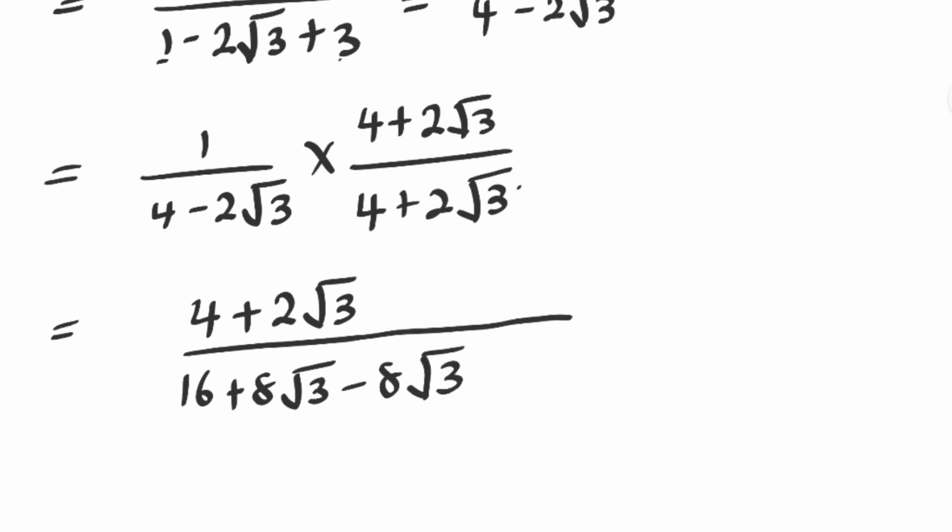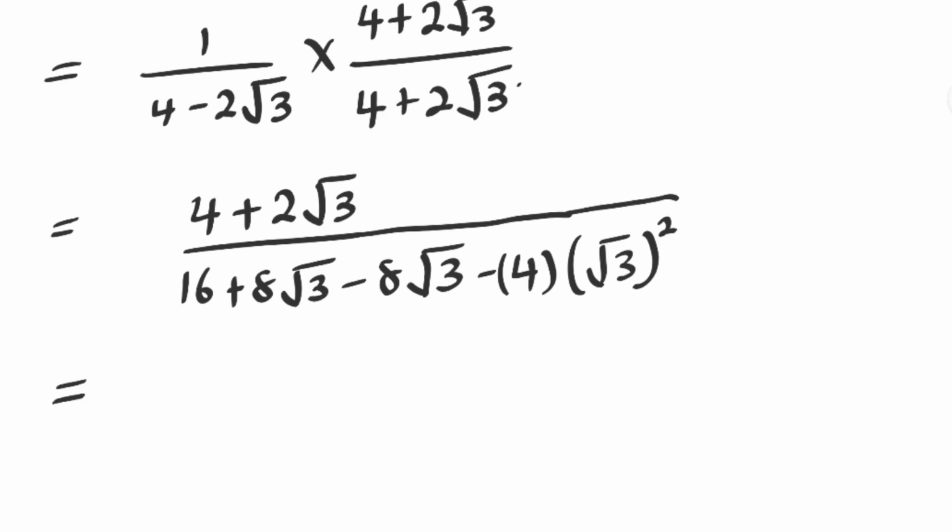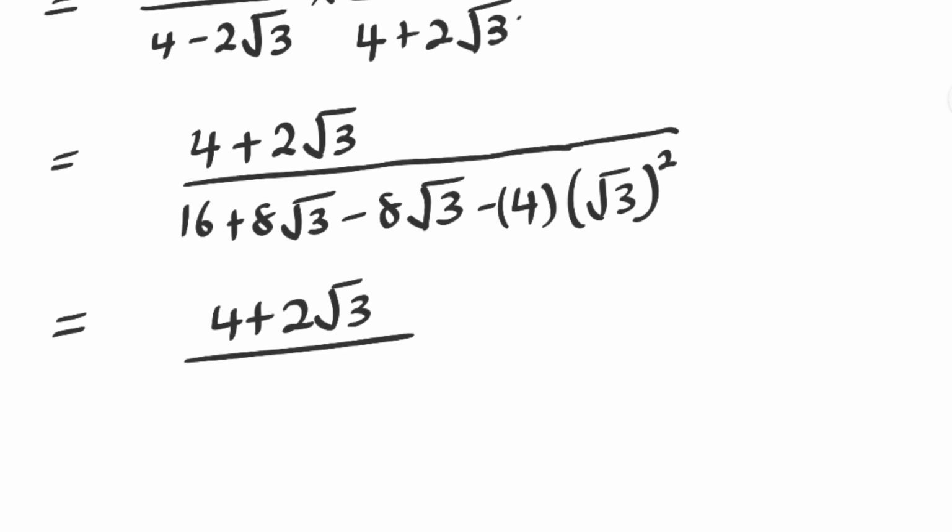Then minus 2 root 3 multiplied by plus 2 root 3 will be minus 4 multiplied by root 3 all squared. The 8 root 3 terms cancel. We have minus 4 multiplied by 3.